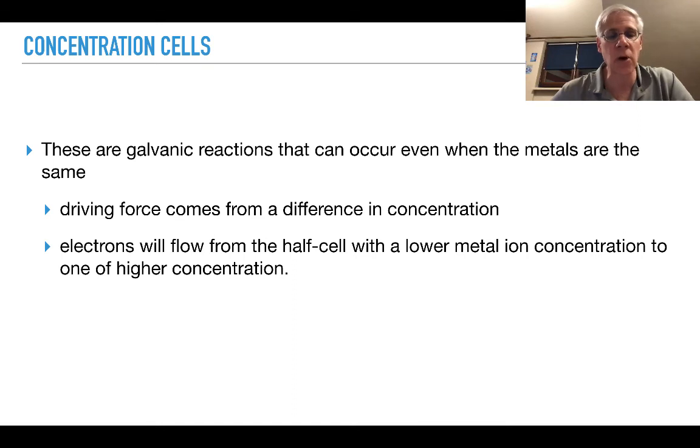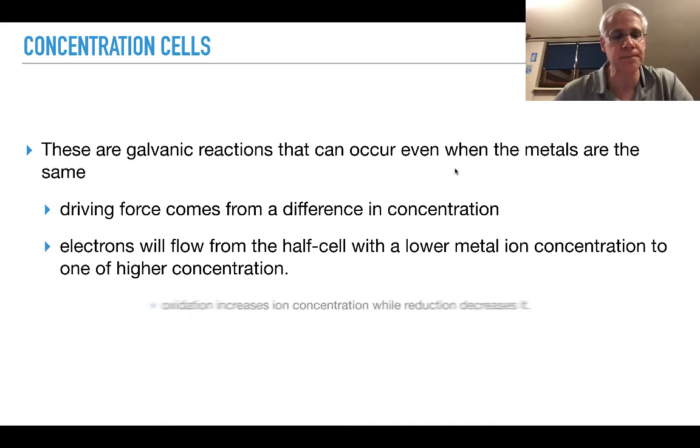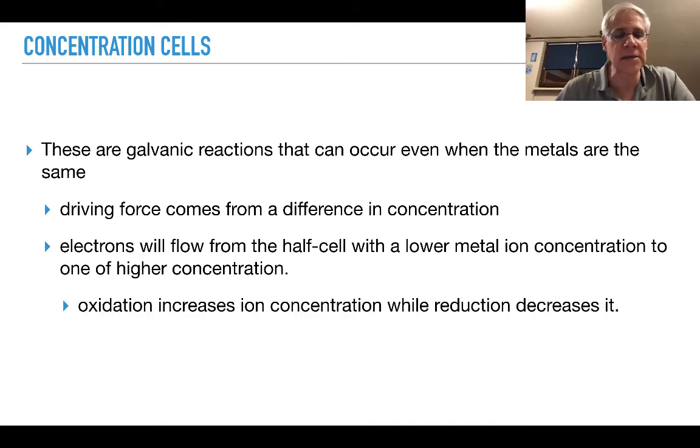So electrons will always flow from the half cell with a lower metal concentration to the side with metal ion concentration that is higher. So it goes from lower to higher concentration. The reason that is so: it leaves the cell that has a lower concentration, so that side will be oxidized.